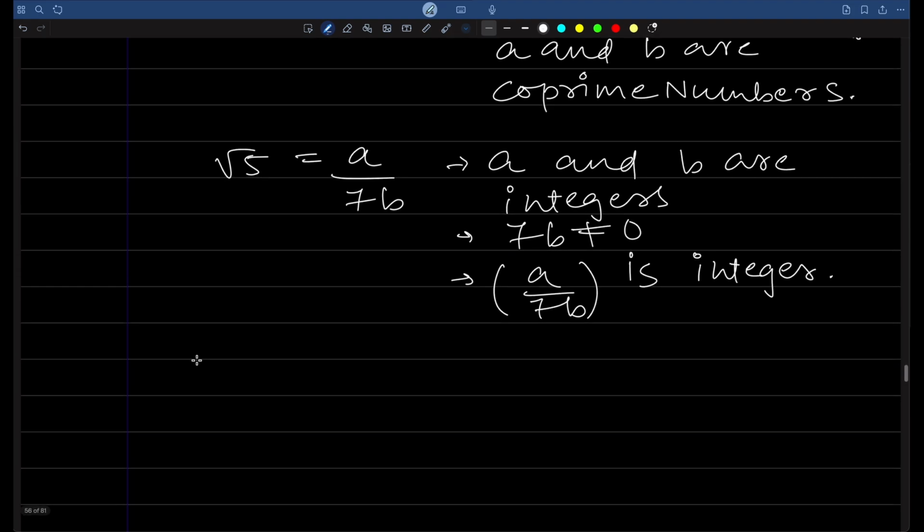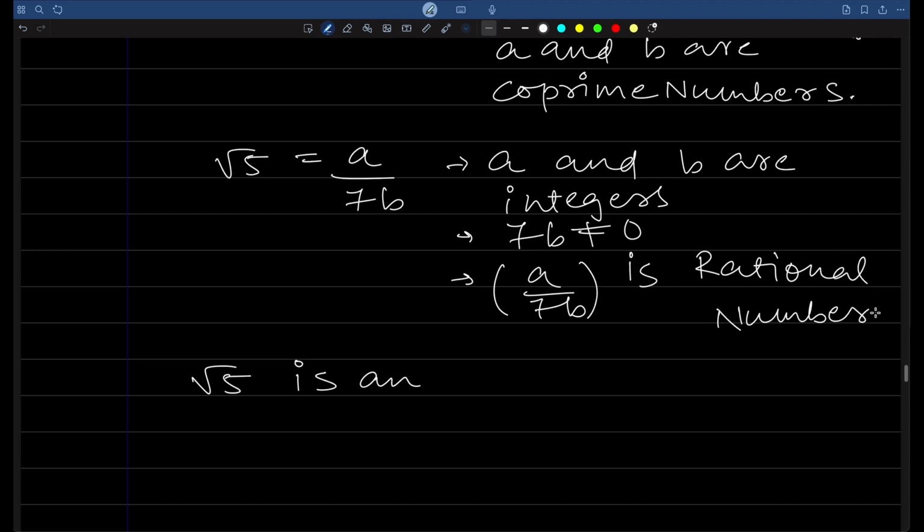So 7 under root 5 is a upon 7b, a rational number. So 7 under root 5 is also a rational number.